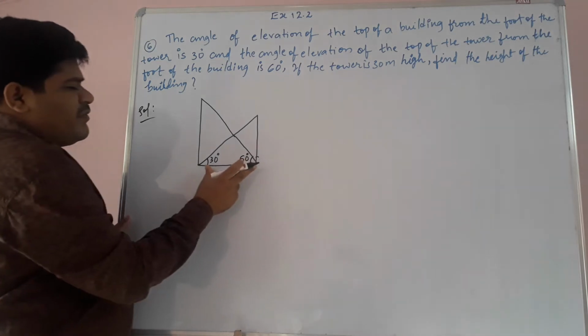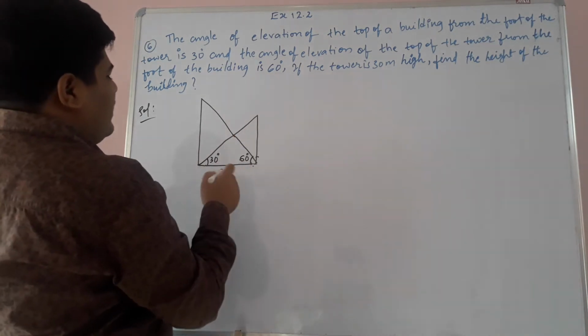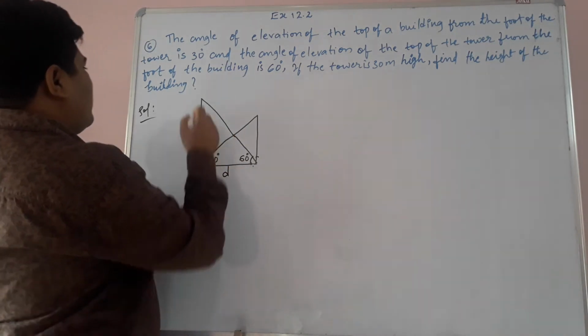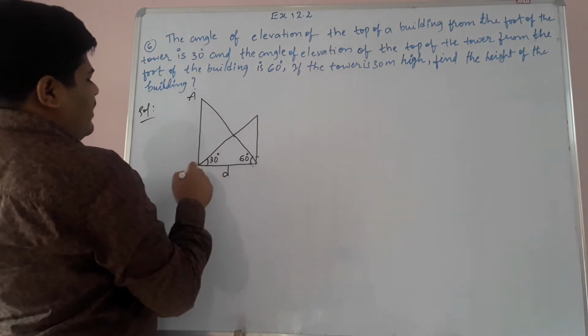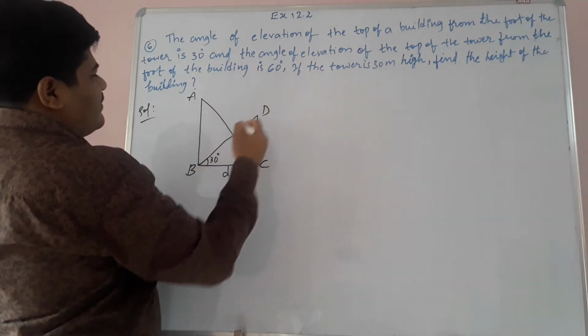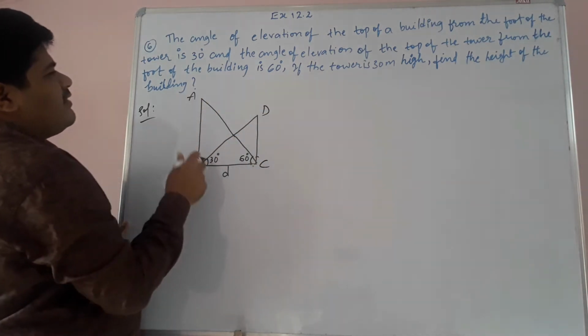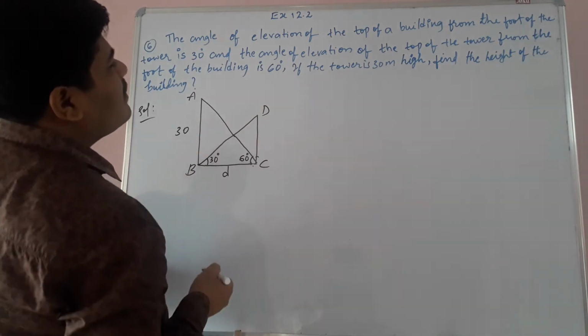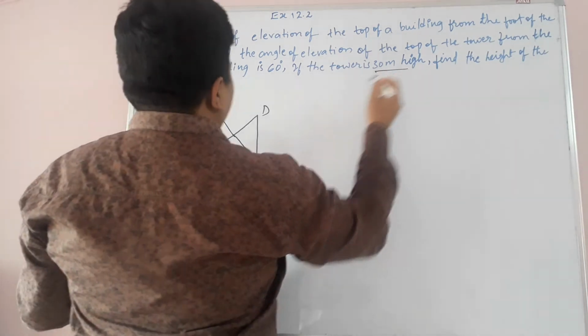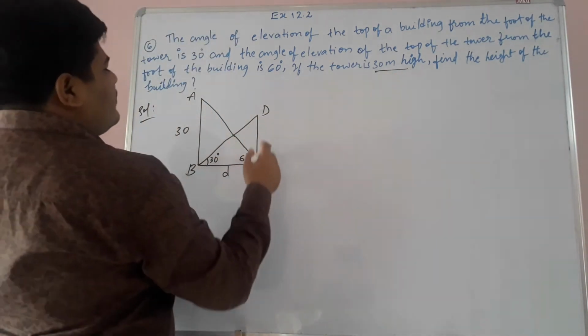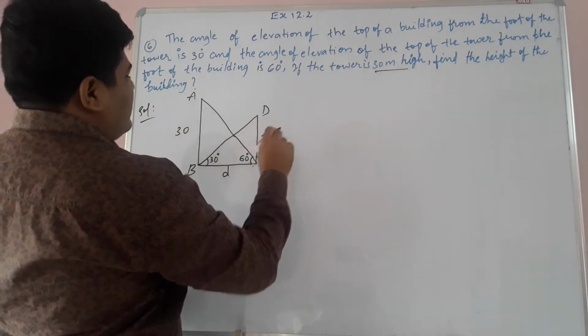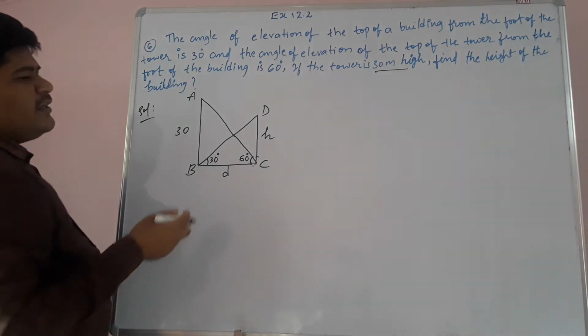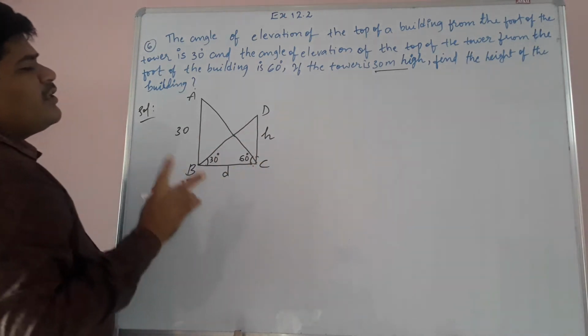Now children, the distance between the tower and building is BD. Let's give names A, B, C and D. The height of the tower is given as 30 meters, and we don't know the height of the building. Let it be H.